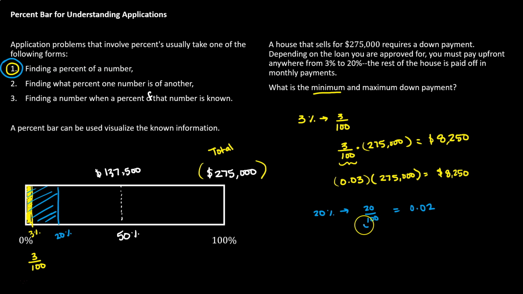0.20. If we do use a fraction, we can reduce that. 20 over 100 actually reduces to 1/5. We're going to do the same thing we did with 3%. Take this fraction or decimal version of our percent and multiply it to the total house price.